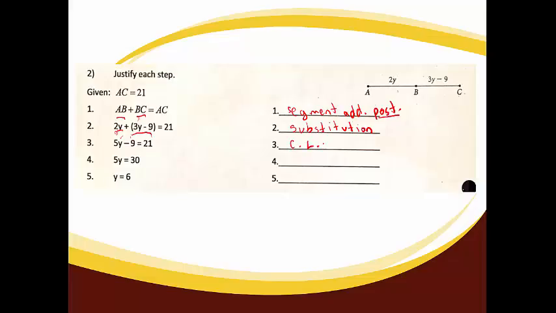So I'll tell you what, I'm going to abbreviate it as CLT, combined like terms. Now this time they actually added 9 to both sides, so I want to write the addition property. And finally, the last step is divide, so that would be your division property.